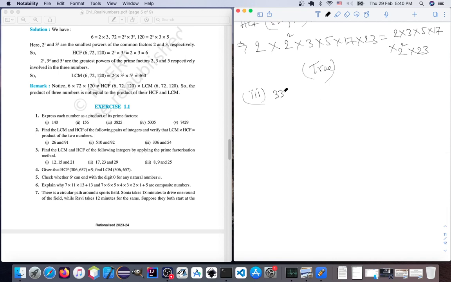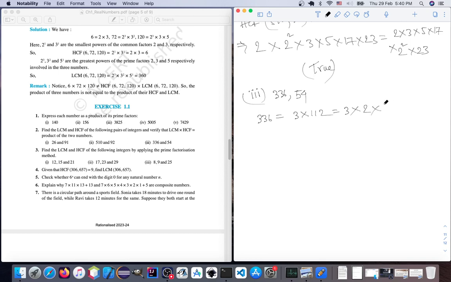336 and 54. Let's do prime factorization of 336, which becomes 3 into 112. Is it divisible by 3? 3 3 is a 9. No, definitely by 2.